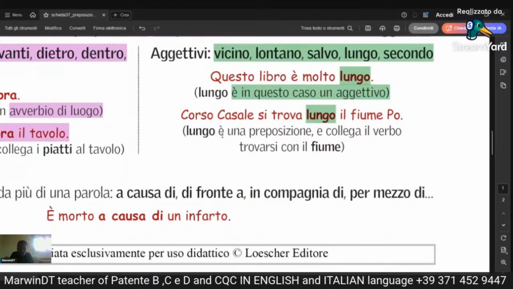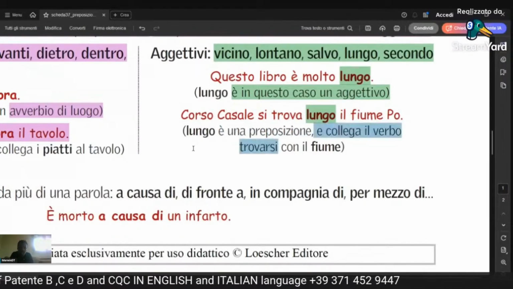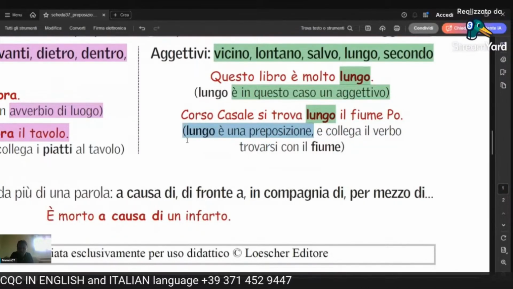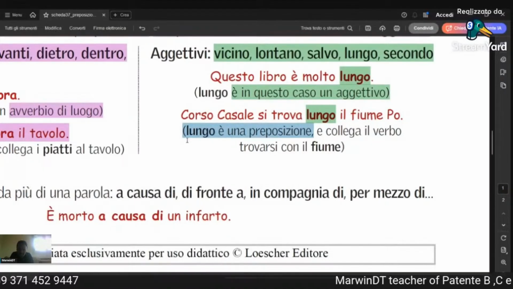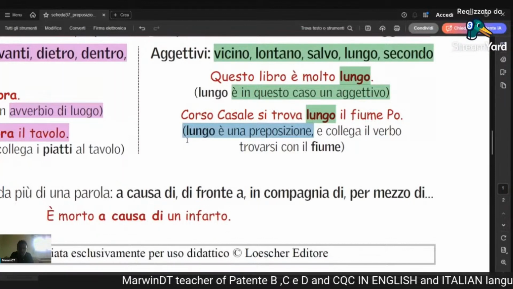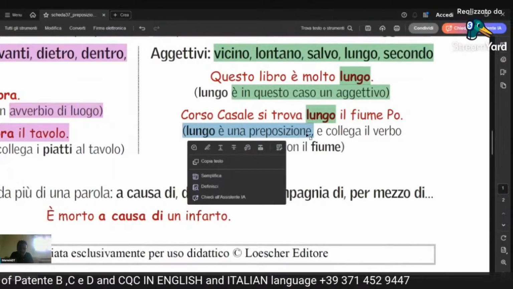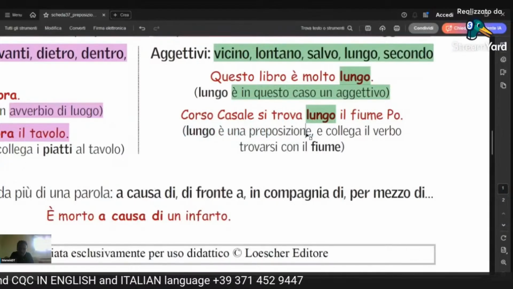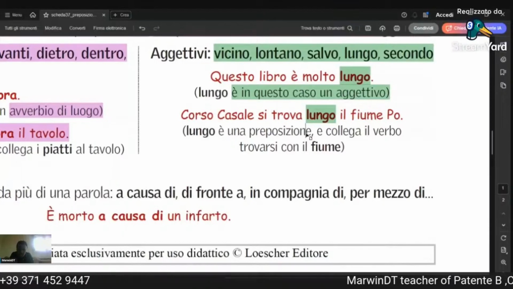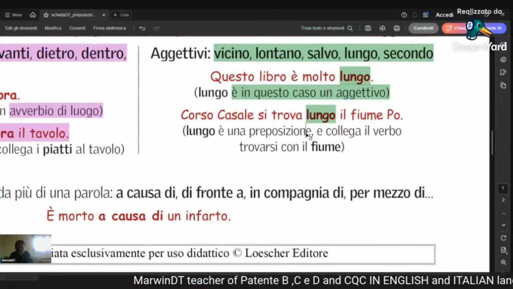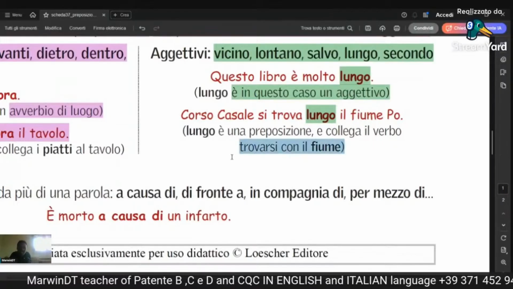So lungo is a preposizione that indicates what? The verbo, which is the verb trovarsi con il fiume. It is a preposition that connects the verb, il verbo trovarsi con il fiume, the verb telling us where the river is located.